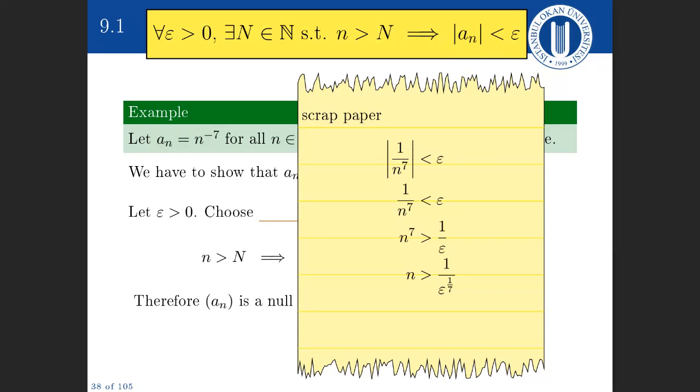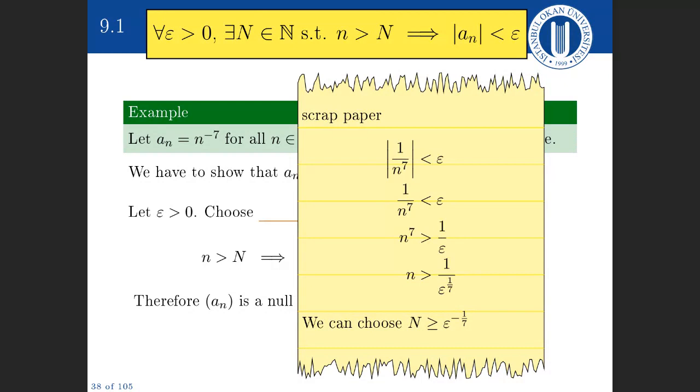So that's just the same as saying 1 over n to the power 7 is smaller than epsilon, or n to the power 7 is bigger than 1 over epsilon, or n is bigger than 1 over epsilon to the power 1 over 7. Then I know which capital N to choose. As long as we choose capital N to be bigger than epsilon to the power minus 1 over 7, then this calculation is going to work.